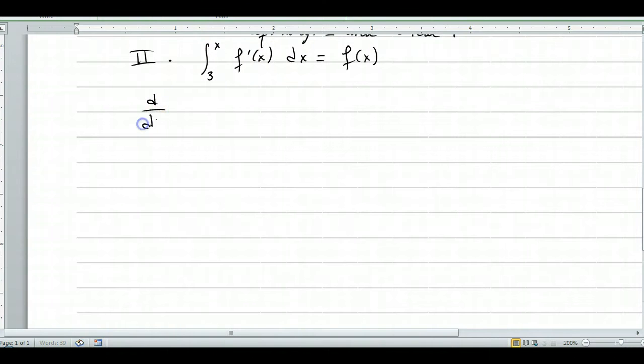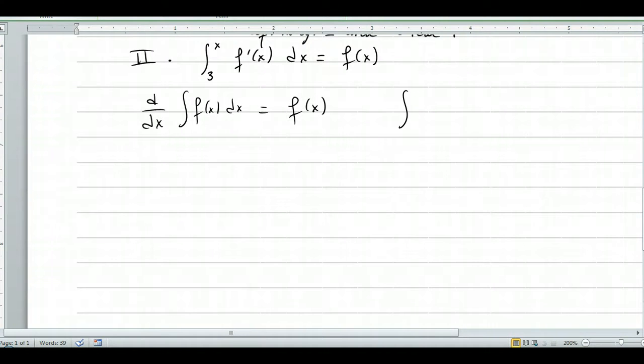If you have d over dx of the integral of f of x dx, you're going to find f of x, all right? And if you have the integral of df over dx dx, I guess I should use the prime notation. Let me use the prime notation here.